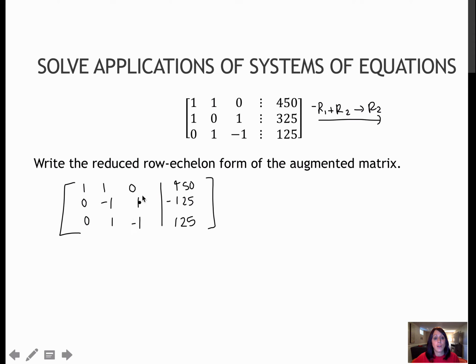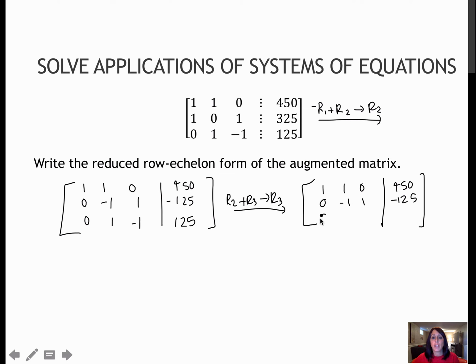What I notice now is that these values are very similar, so my new row 3 is going to be row 2 plus row 3 to get a new row 3, which means row 1 will remain the same, row 2 will remain the same, and row 3 I will end up with all zeros.